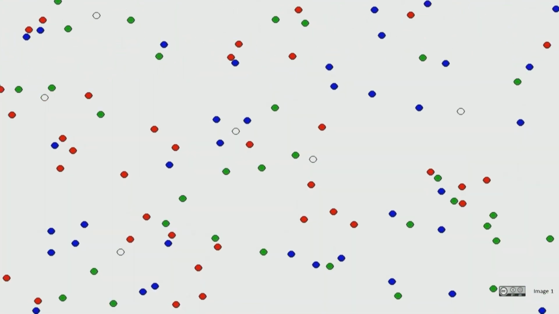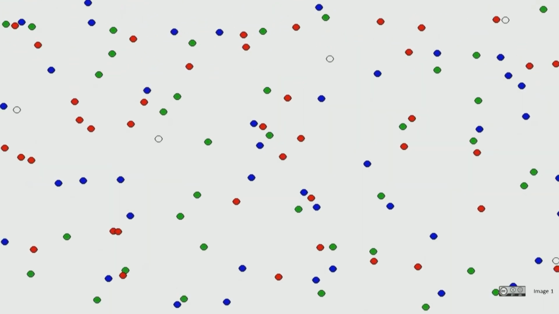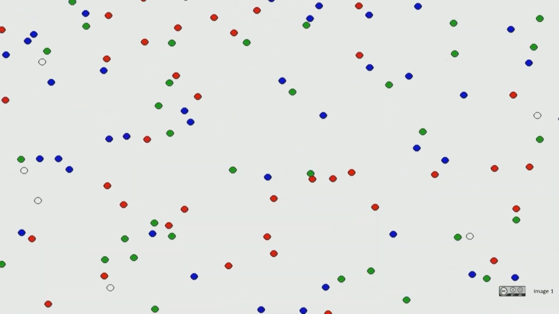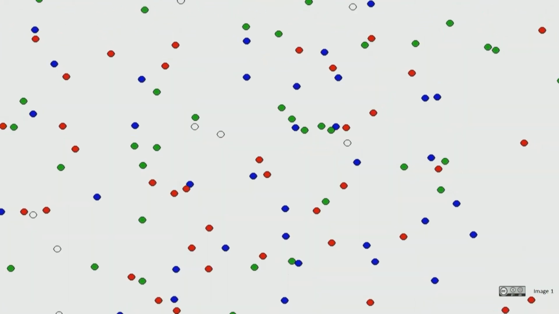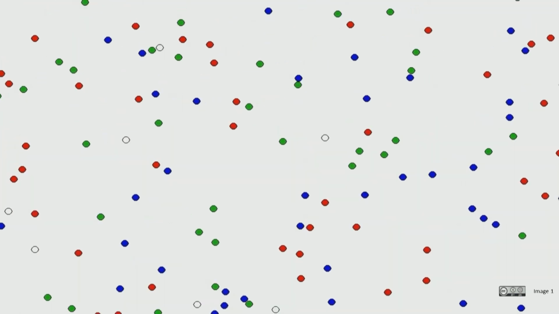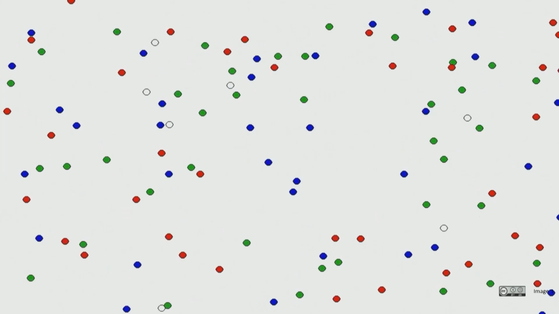After the collision, it will have a new speed and direction and will stay on that path until it has another collision. We define a parameter called the mean free path of a gas as the average distance that a particle in the gas will travel before it collides with another particle.